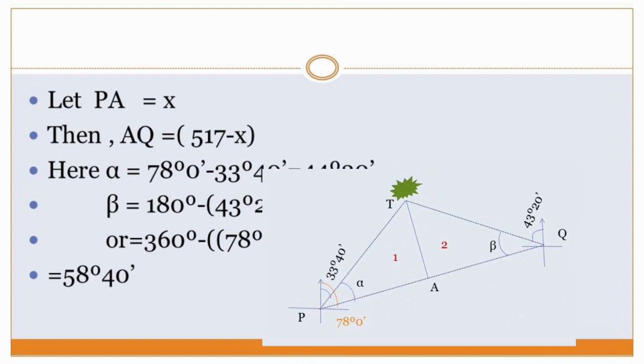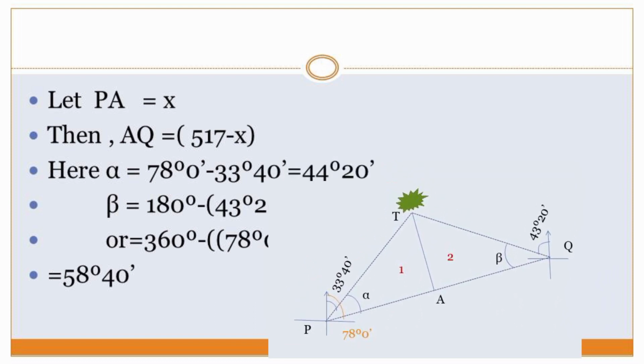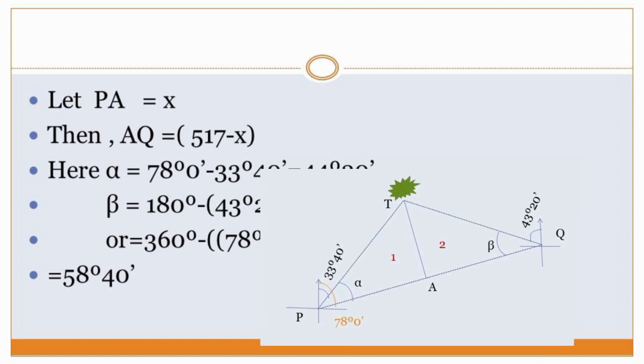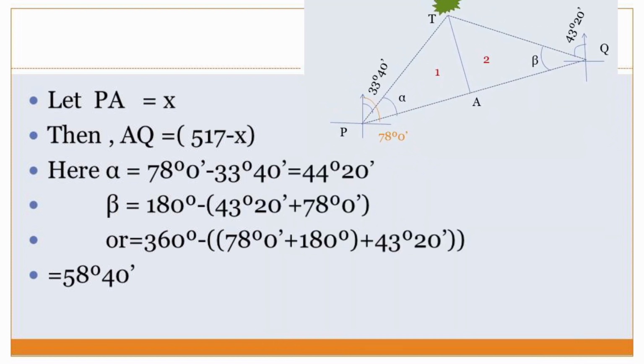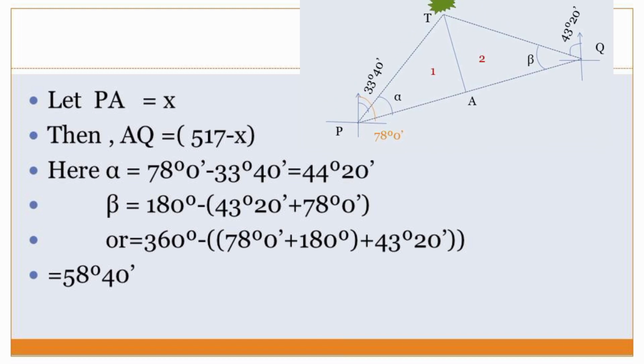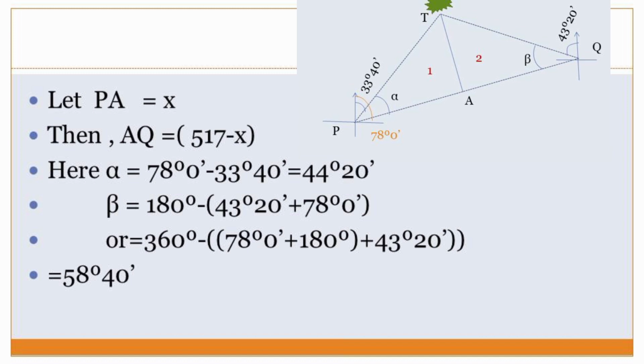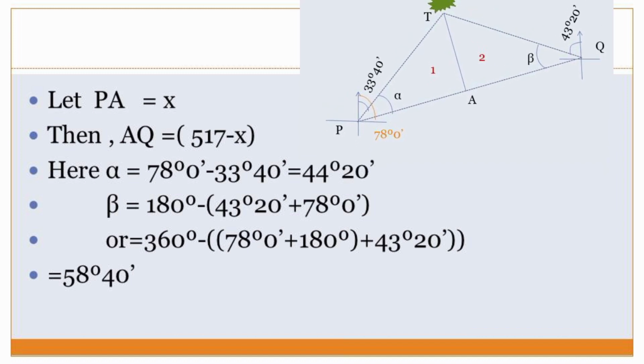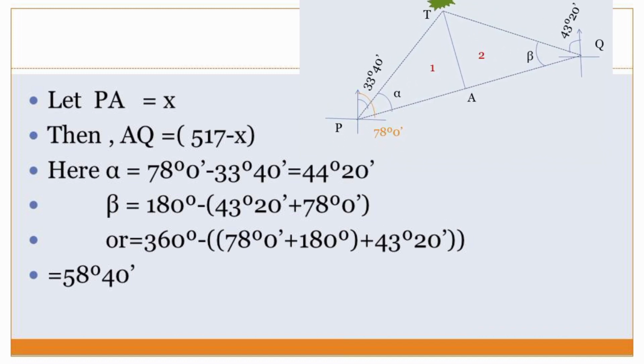Here my alpha angle: we have two bearings at point P, and I had earlier told you they are in the first quadrant.